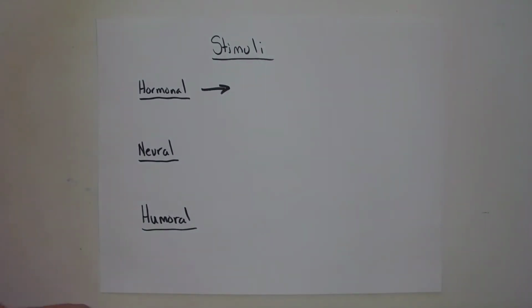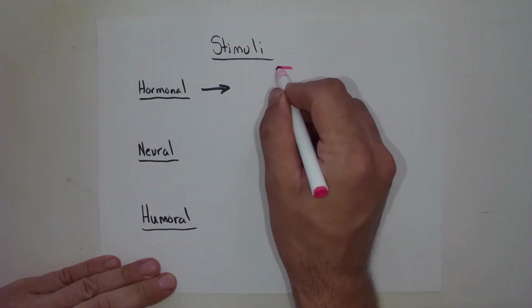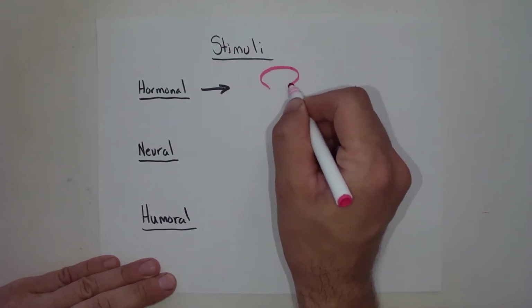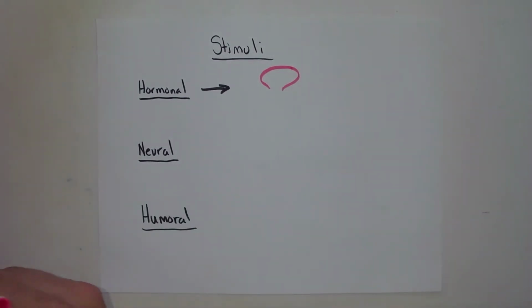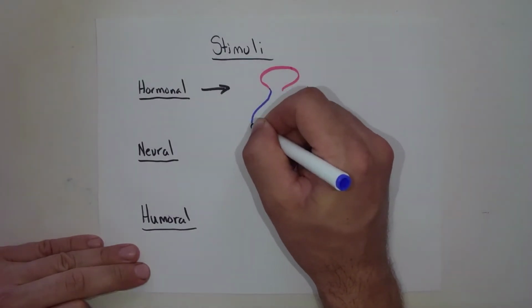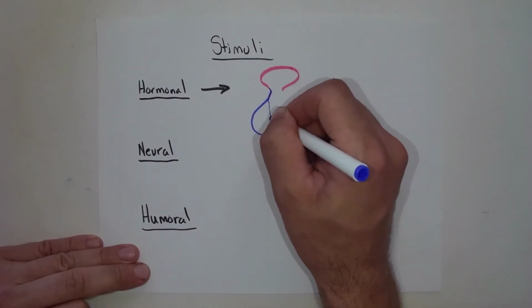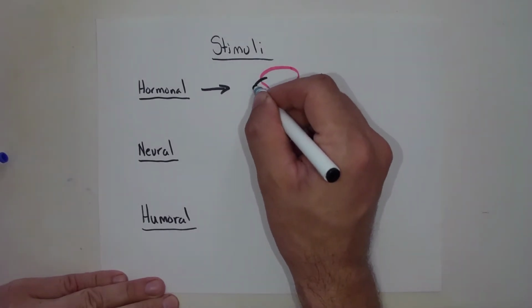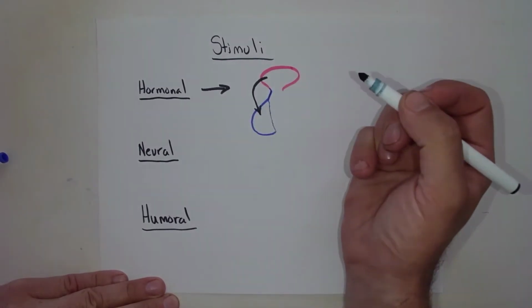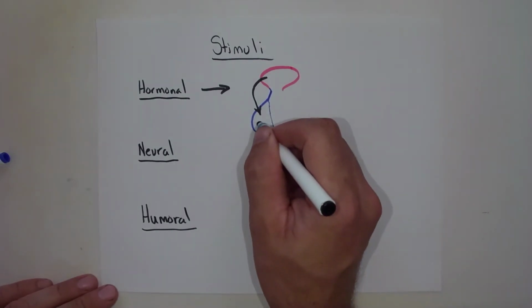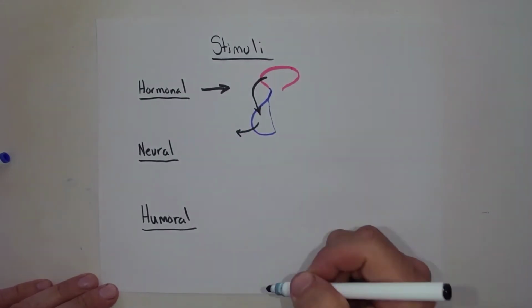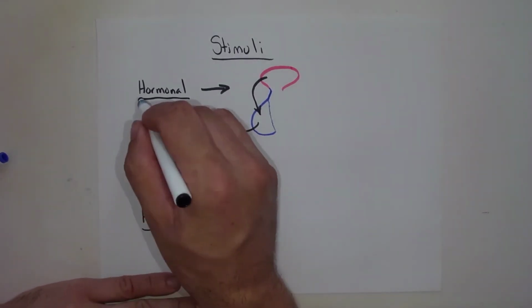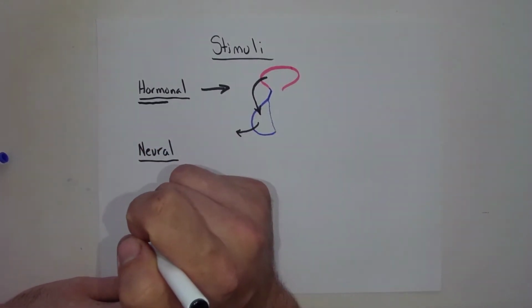And one of the key examples we've seen is when the hypothalamus talks to that anterior pituitary, and the hormones produced by that hypothalamus are going to stimulate the release of hormones from that anterior pituitary. This would be a hormonal stimuli.